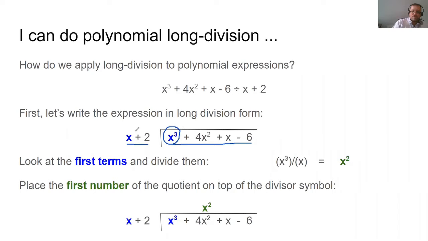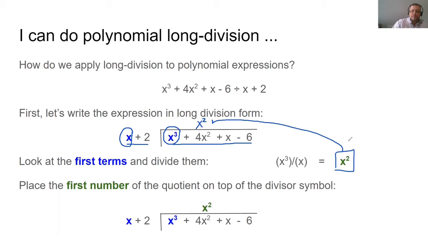I look at the first term, and I divide it by the first term. The first term of the dividend, the first term of the divisor. X cubed divided by x is x squared. Okay. Then I take that x squared and I line it up right here over the other x squared.